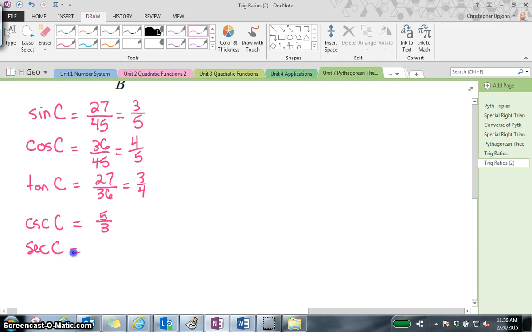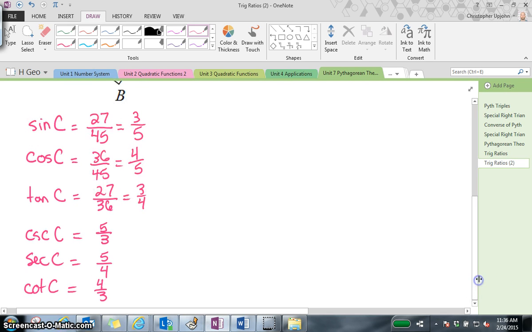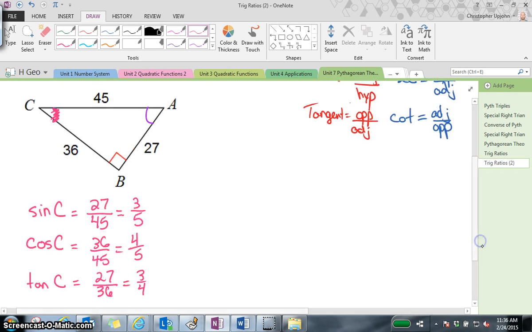Secant of C is reciprocal of cosine, so it's 5 over 4. And cotangent of C is 4 over 3. And I want my sides in fractions, not decimals, not right now, not mixed numbers, but simplified fractions. Any questions about those six?